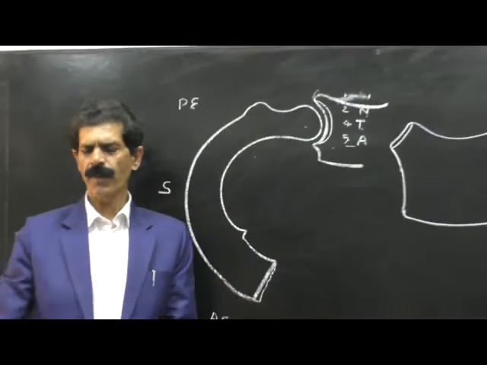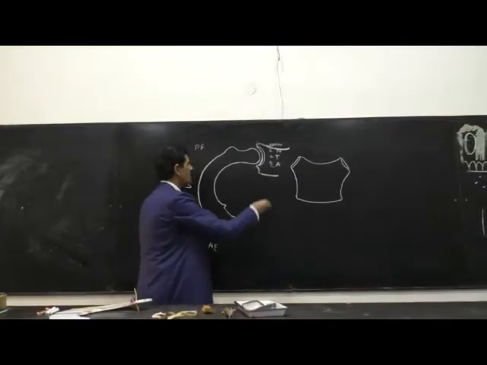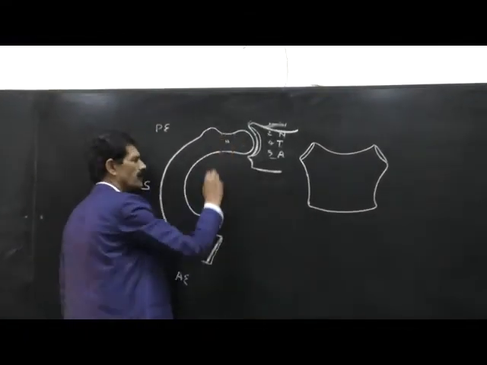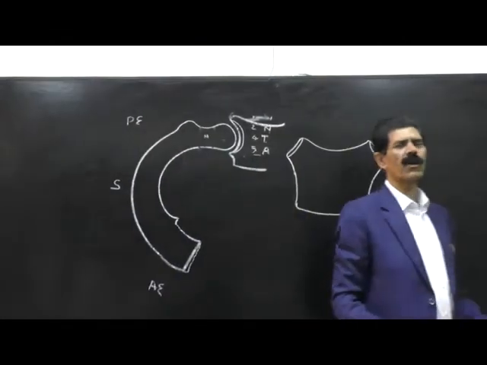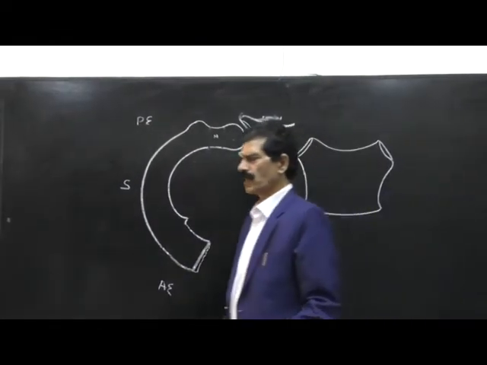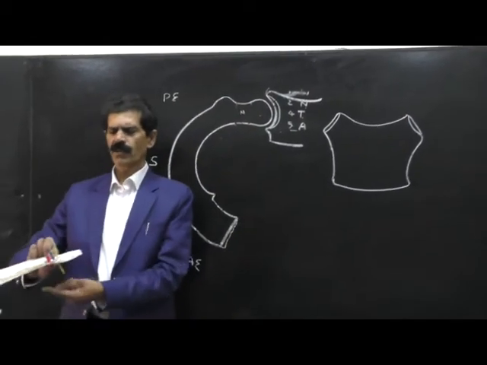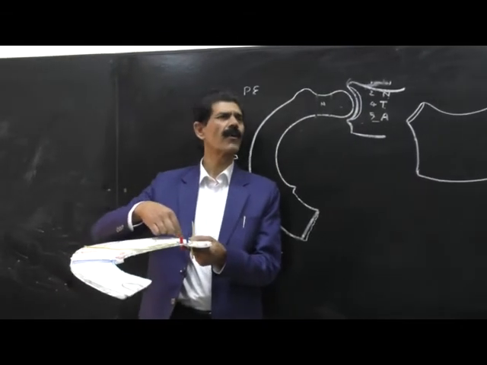Then the head, which is rounded, suddenly becomes narrow. And this narrow part of the bone is called the neck. So this is the neck. And the neck is very important for the first rib because it has a superior surface, an inferior surface, an anterior border and a posterior border.